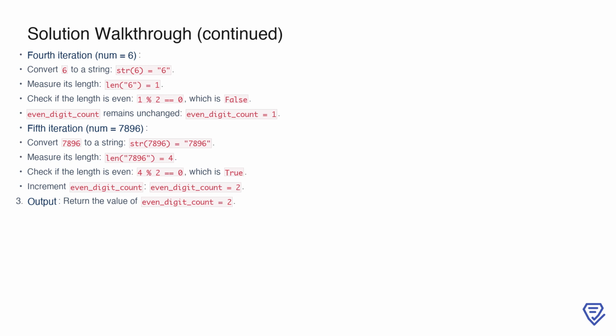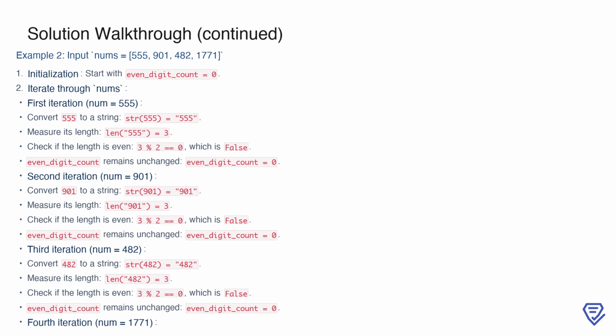Since 4 is even, we increment even_digit_count by 1, making it equal to 2. With no more numbers left in the array, we return the value of even_digit_count, which is 2. Let's look at another example where the input array is nums = [555, 901, 482, 1771].